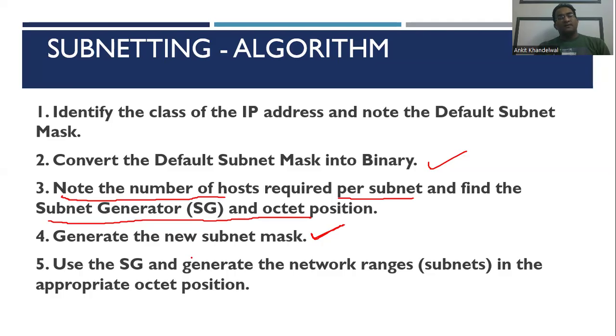Then step number 4, we will generate the new subnet mask. And in step number 5, we will use the subnet generator and generate the network ranges in the appropriate octet position. So we will take one example related to this particular algorithm, how to calculate the subnet mask and how to find out the ranges of the networks there.